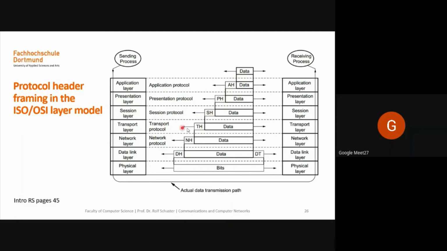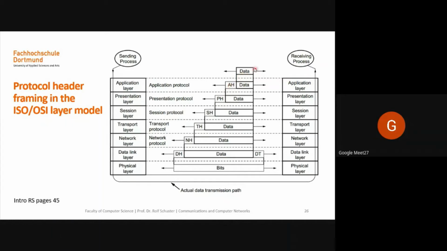The transport layer adds, for instance, another header that corresponds to the transport protocol, and so on. We encapsulate the original data that the application needs to transfer across the network.